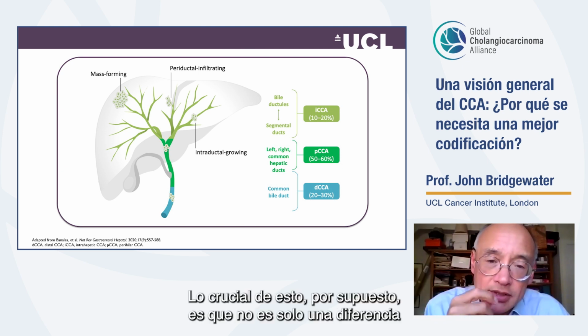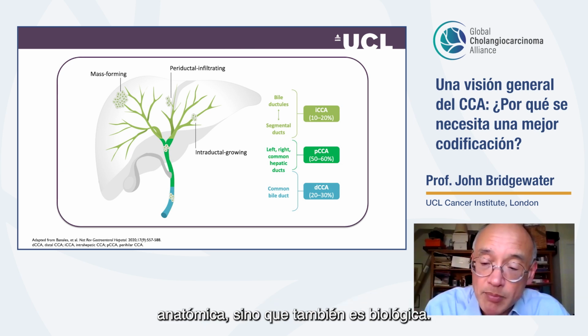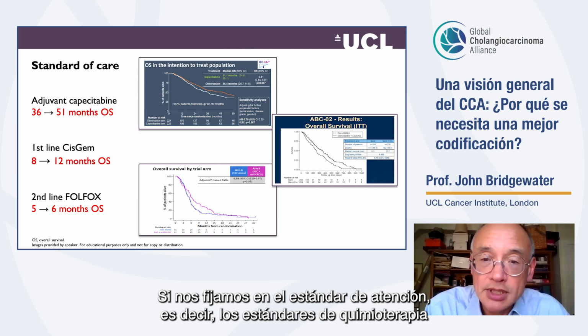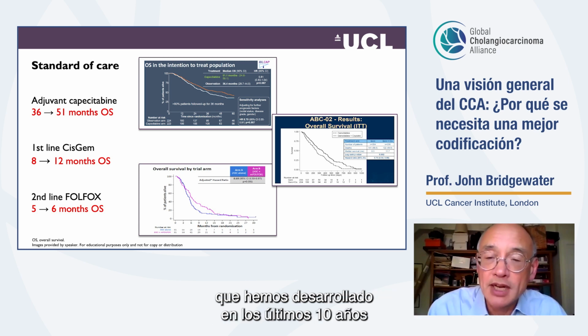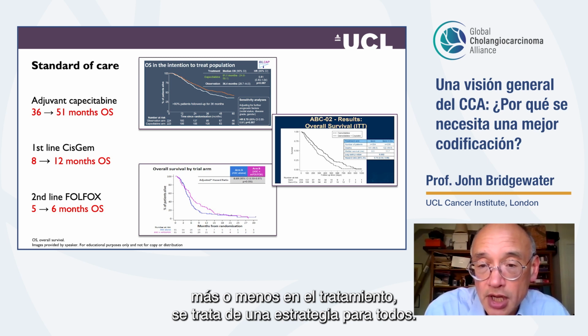The critical thing about this, of course, is that it's not just anatomical, the difference, but it's also biological. And if we look at the standard of care, so this is the chemotherapy standards that we've developed over the last 10 years or so on the treatment. This is an all-comers strategy.